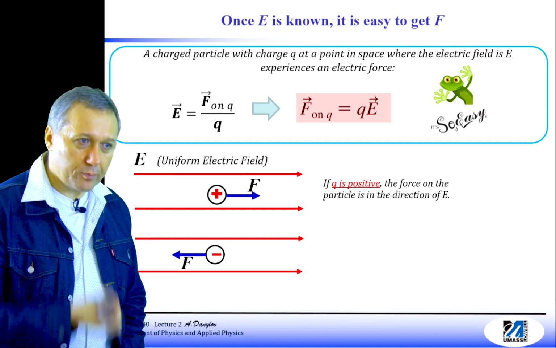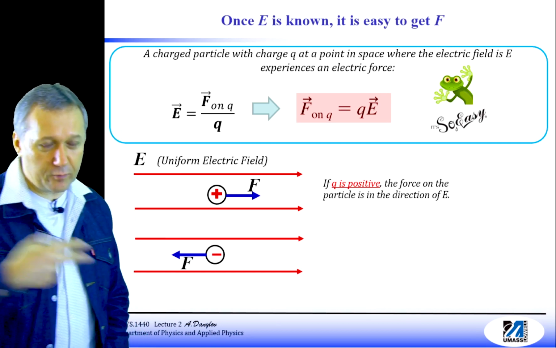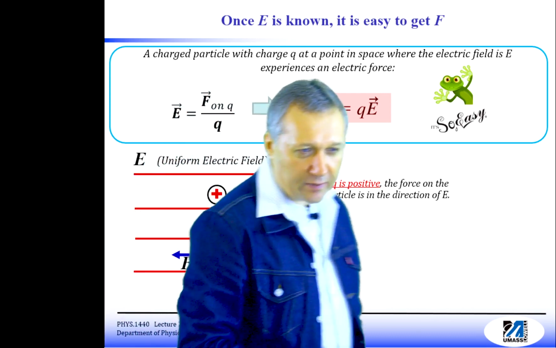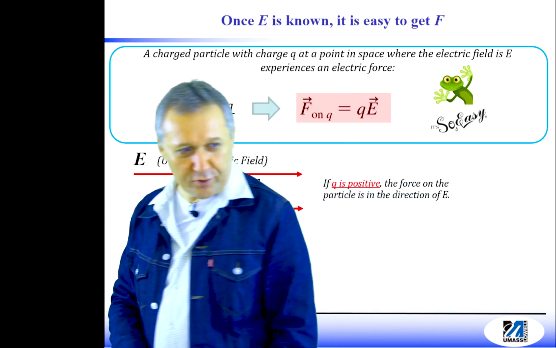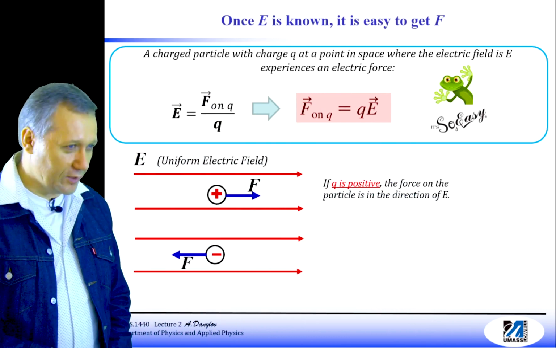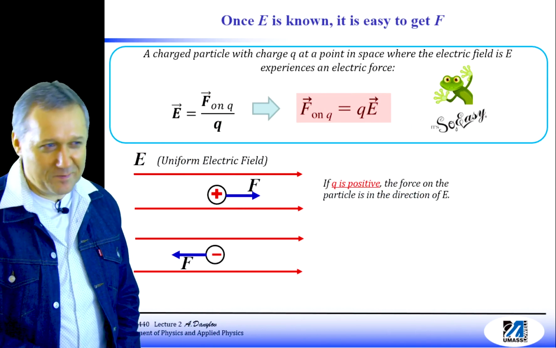So be careful. Direction of the forces, in this case electric force, in the future magnetic force, they're all sensitive to the signs of charges. Pay attention. Are you dealing with positive charge or negative charge? Very silly place for silly mistakes.